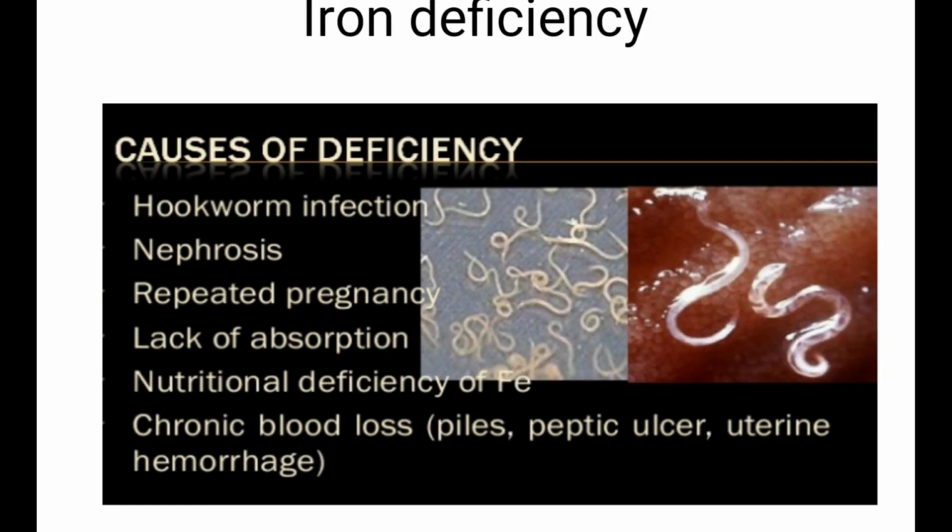Causes of iron deficiency: hookworm infection, hookworm sucks blood; nephrosis; repeated pregnancy, there is hemodilution, blood is less altogether, hemoglobin is low; lack of absorption. You know that there are some factors which favor iron absorption like gastric HCl and vitamin C. If there are deficiencies, there is a lack of absorption of iron.